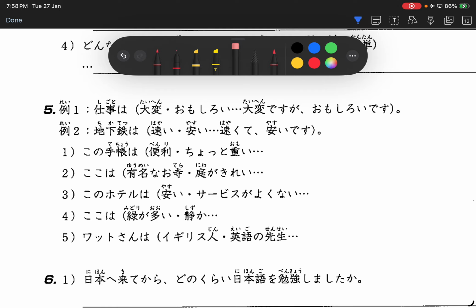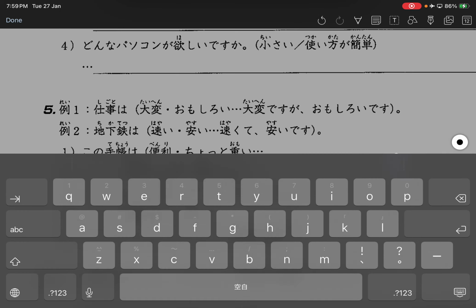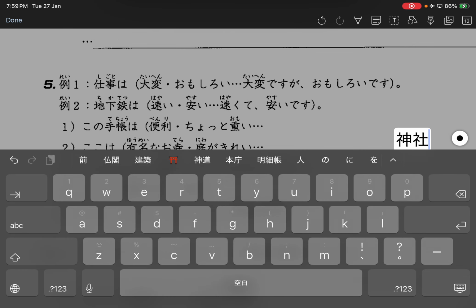Okay, jinja. I forgot what's the character for jinja? Oh yeah, 神社. 神社 and 寺庙. It's very different. Two different religions, Buddhism and Shintoism.